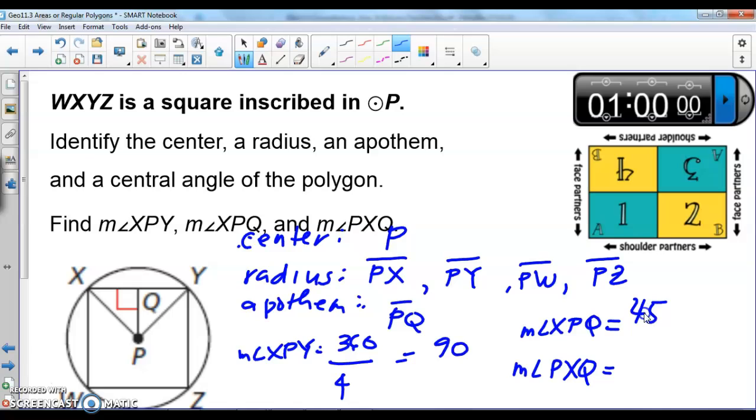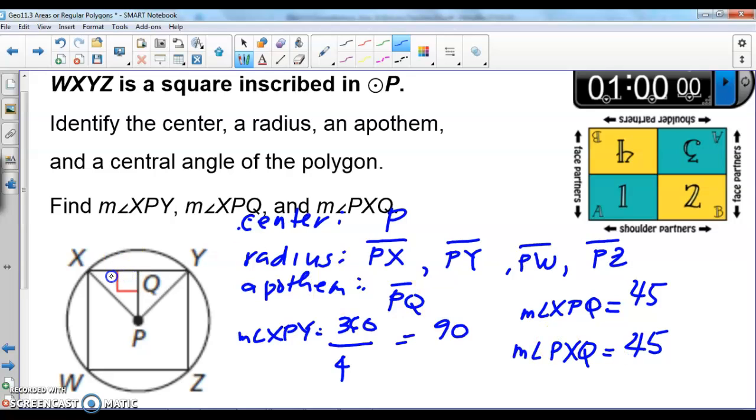So you can just subtract this from 90 degrees and you will also get 45 degrees. Do they end up being equal all the time? No, not necessarily. So don't assume that half of the central angle and that base angle right there are always congruent. Depending on what type of regular polygon you have, the angles may vary.